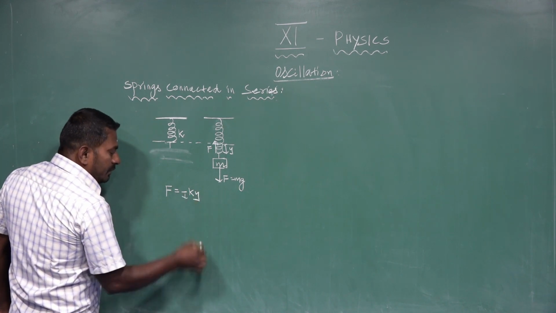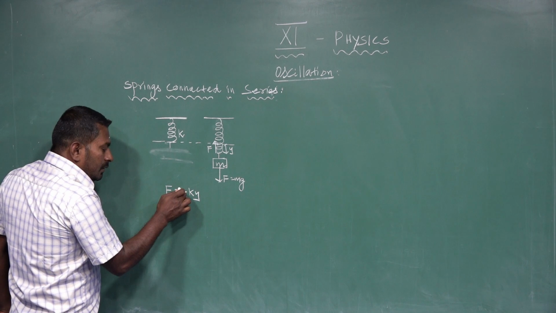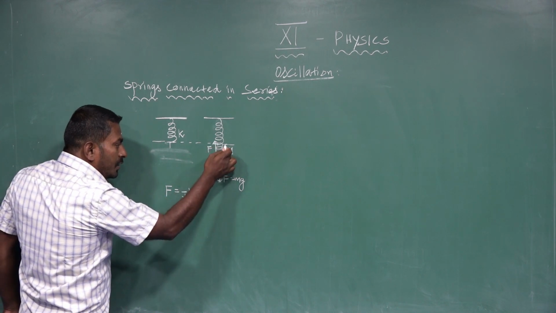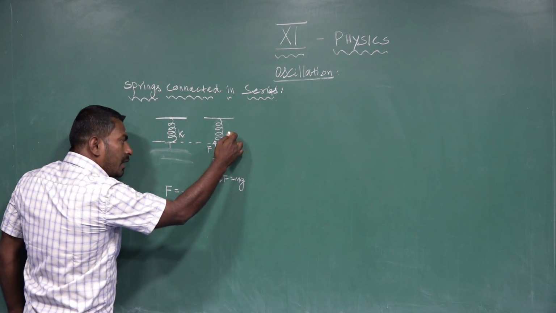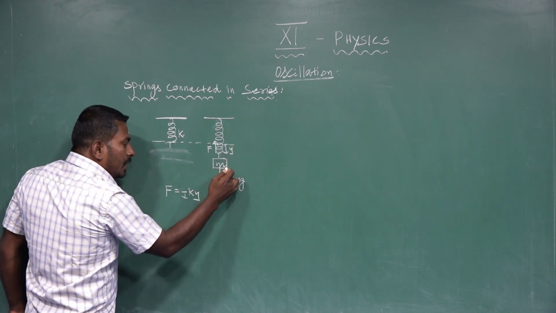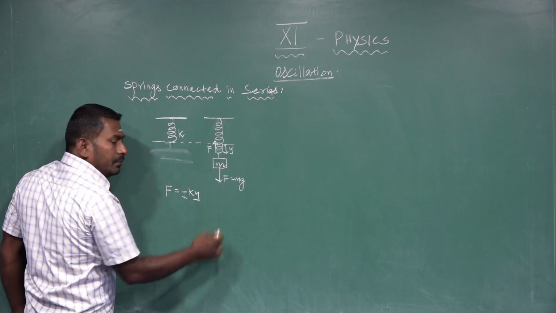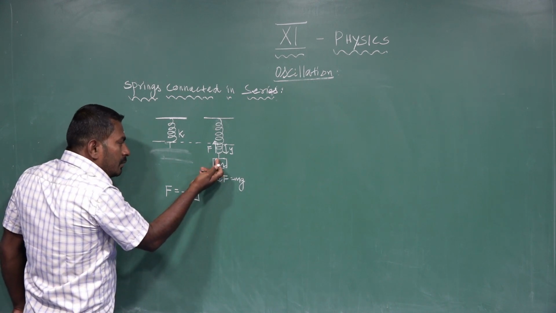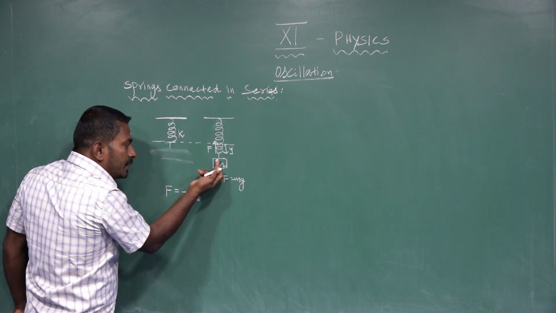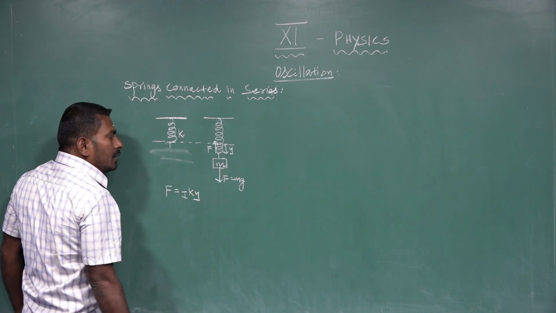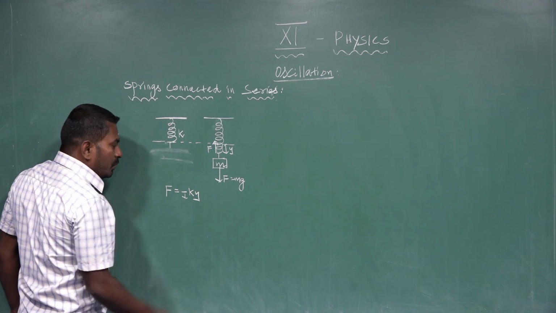The negative sign indicates that the displacement or elongation produced in the spring due to the load of mass m is in the downward direction, but the restoring force exerted in the spring acts in the upward direction.